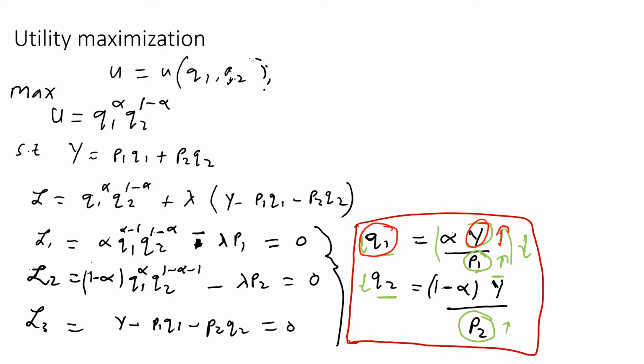You can see from these two equations that income is common in both equations. So when income increases, both Q1 and Q2 will rise, and this can be shown through a curve, called the Engel curve.